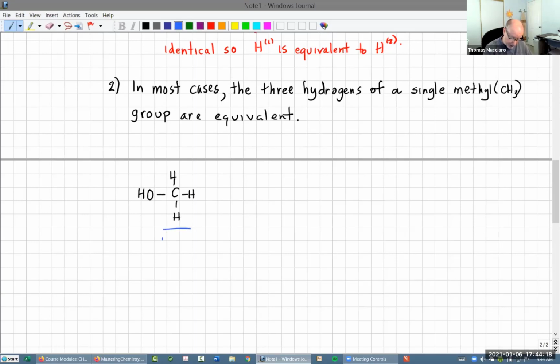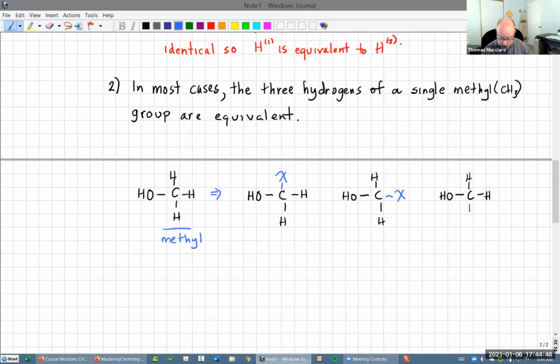Okay, so notice that this is basically a methyl, right? It's a CH3. So if we do our substitution, and I'm trying to write this sort of efficiently here, so I'll come back and put the X's in. Since we're comparing all 3 hydrogens, we have to do 3 substitutions, right?